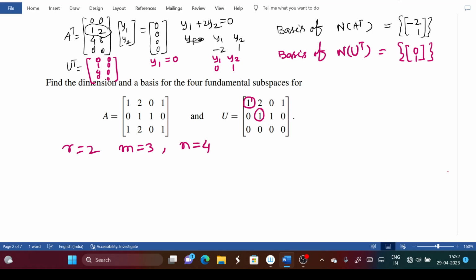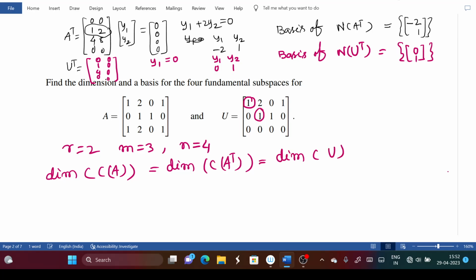So dimension of C of A is equal to dimension of C of A transpose is equal to dimension of C of U, that is column space, that is dimension of row space of U, all are rank, that is 2.